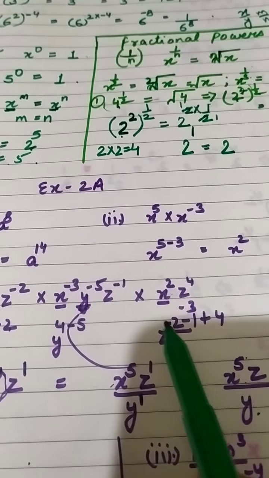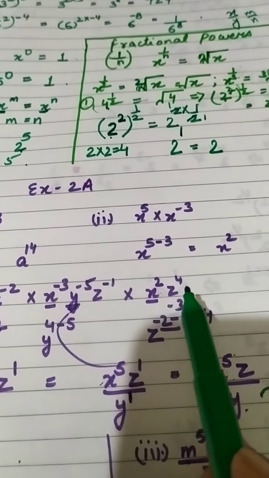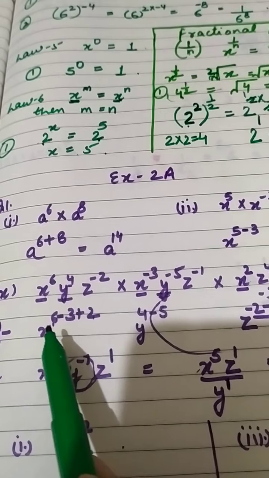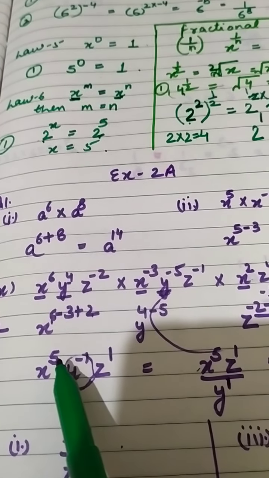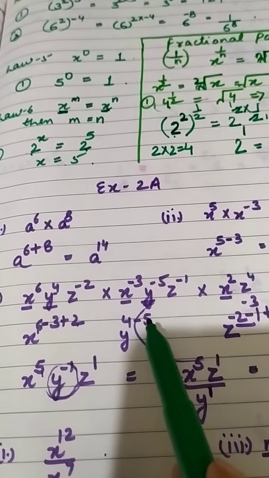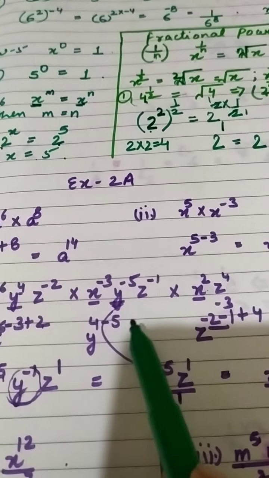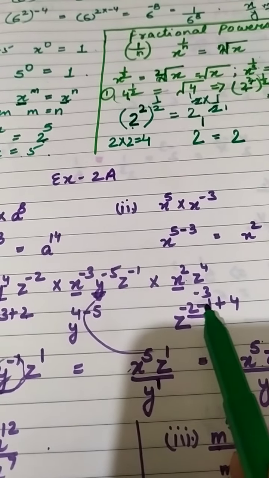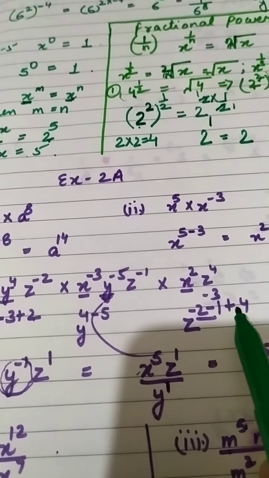In this z has minus 2, minus 1 and plus 4. So we get 6 plus 2, 8, 8 minus 3, x raised to the power 5. In this y we have minus 1 because this value has greater sign. In this z, minus 2 minus 1 is minus 3, plus 4, that is plus 1.